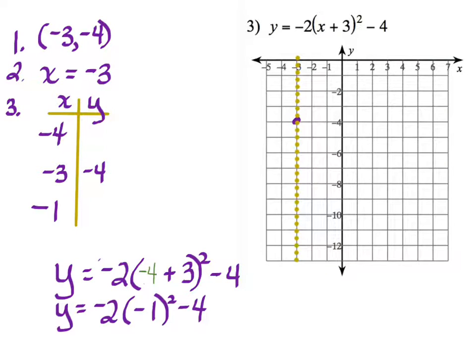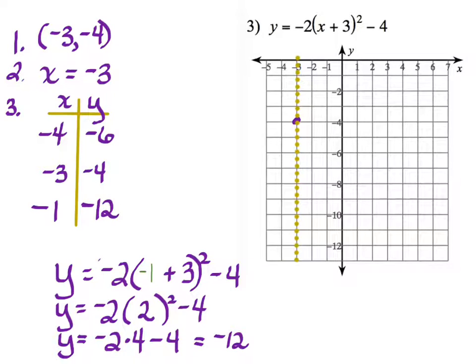Order of operations, you get a -1. That -1 squared is a +1 times that -2 is a -2. -4 is -6. Okay. And then we're going to remove all the -4s and put in -1. And we get -12.